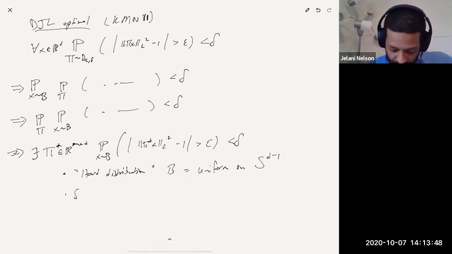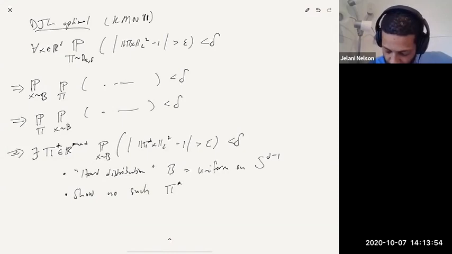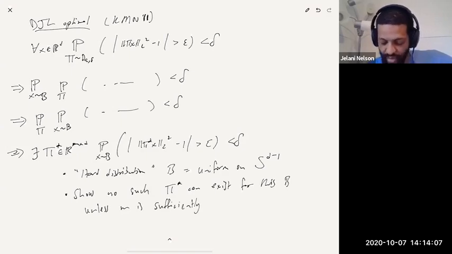And then you show, with just some calculations, that no such pi star can exist for this b unless m is sufficiently large. And sufficiently large basically means it matches the DJL lower bound, or the min of that and d.